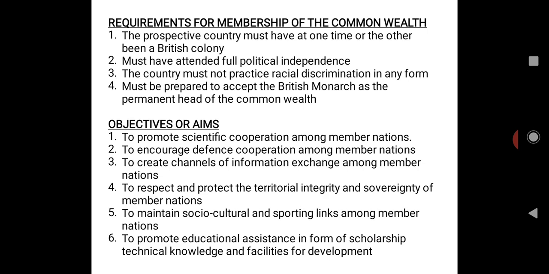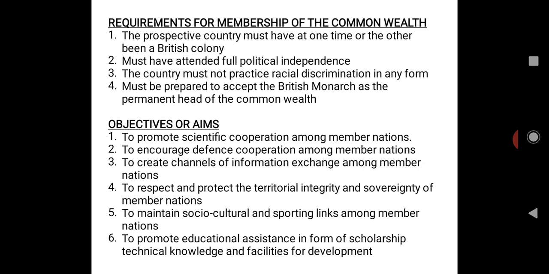It does not matter your race, it does not matter your color, but if you must be a member of Commonwealth of Nations, there shouldn't be any form of racial discrimination. Number four says such an aspiring country must be prepared to accept the British monarch as the permanent head of Commonwealth of Nations.